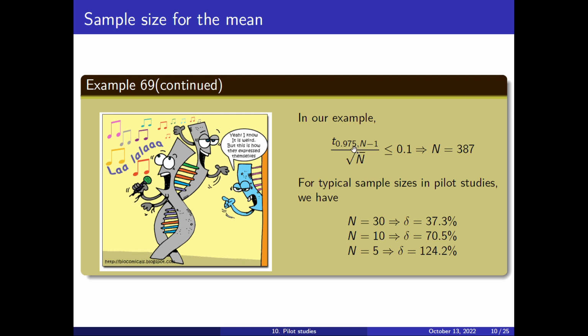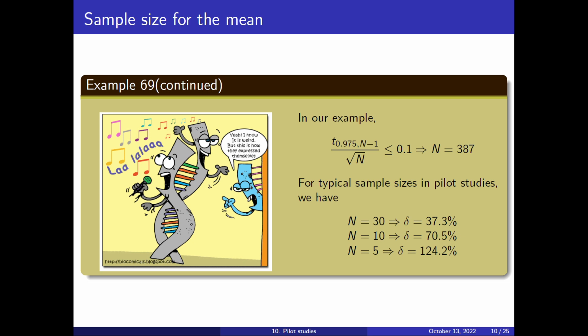Again, you plug in your data, and you need almost 400 samples. So not as many as before. Before it was 800. Being 10% precise in the mean is easier than in the variance, but still it is quite a lot of samples.